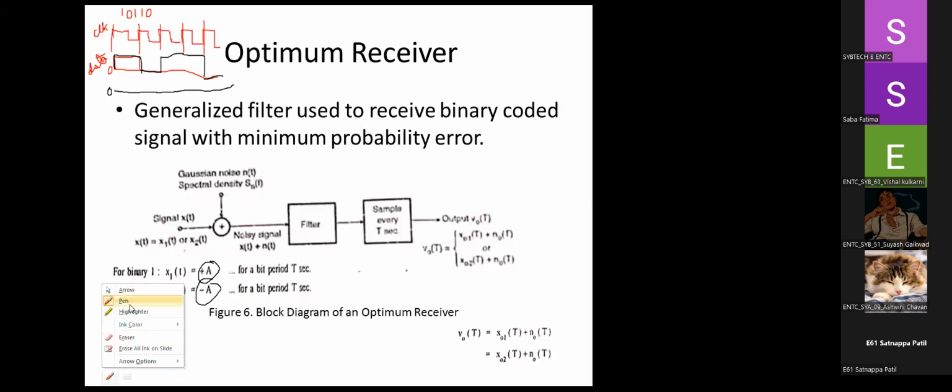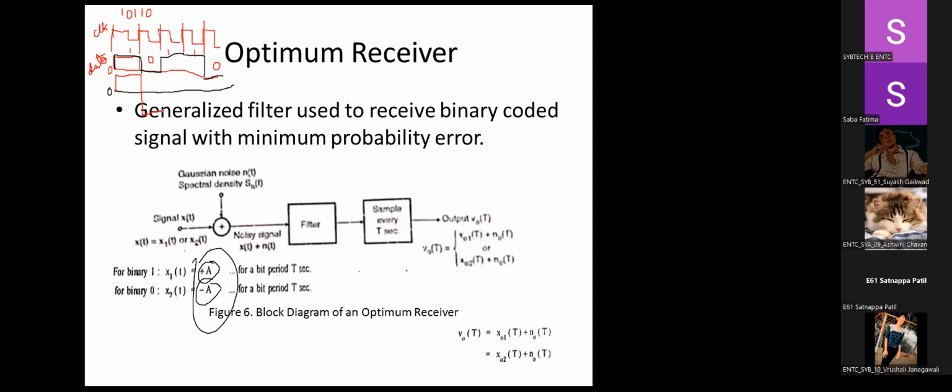So in polar NRZ, as per this, one means for the clock cycle it will be plus A. Now 0 is there, right? This is 1, 0, 1, 1 and 0. Minus A means for binary logic 0, you have minus A. Minus A means this 0 will come to negative voltage.